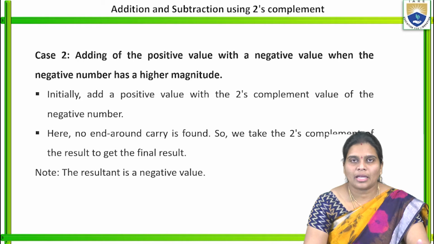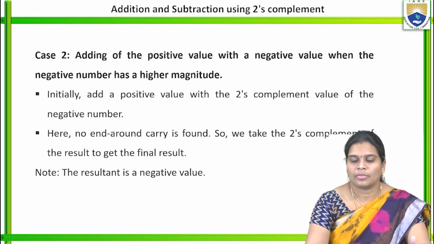Next, add the original binary value plus the twos complement of that value. If the resultant value has a carry, ignore that carry. If there is no carry, apply the twos complement of that result. Finally, we get the resultant value, which is the negative value.